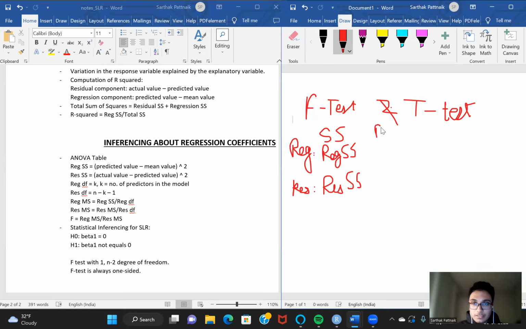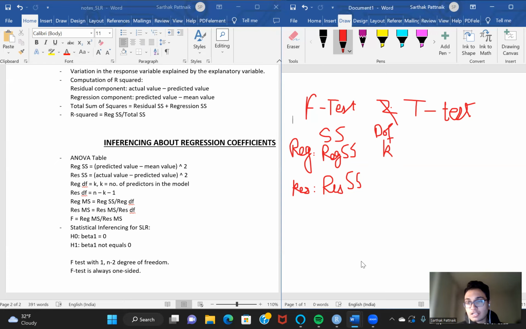Then the second column is for your degree of freedom for each of the components. Now the degree of freedom for our regression component is going to be K. Now K here basically represents the number of predictors, or we can say K represents the number of coefficients or the number of independent variables.